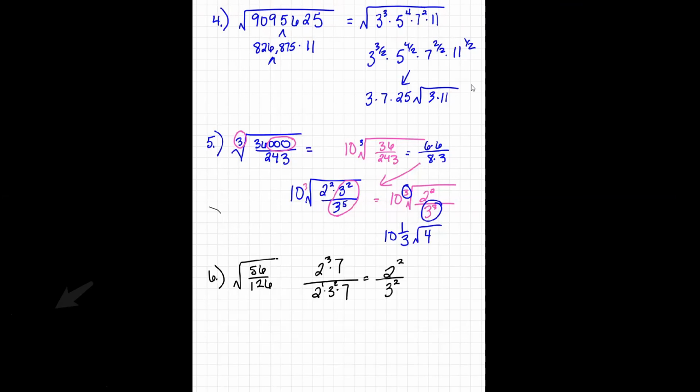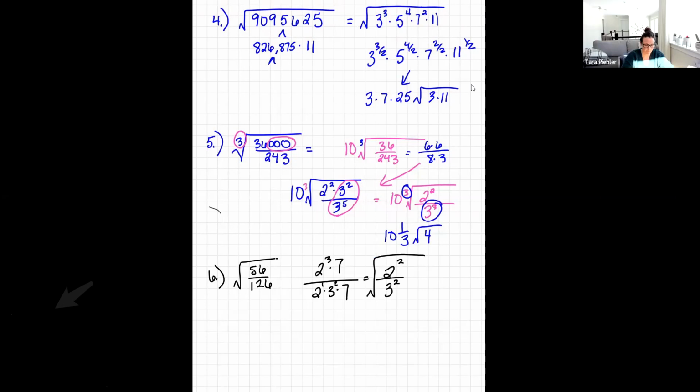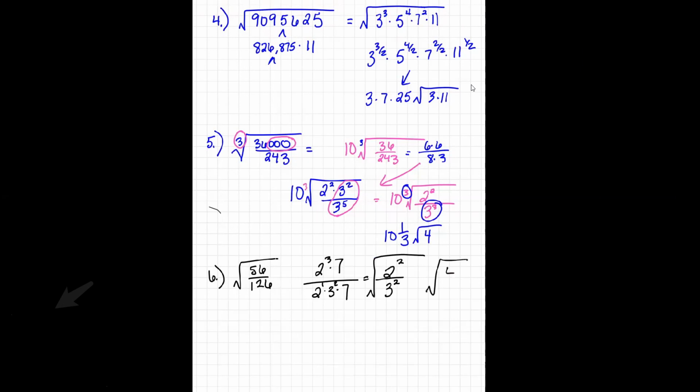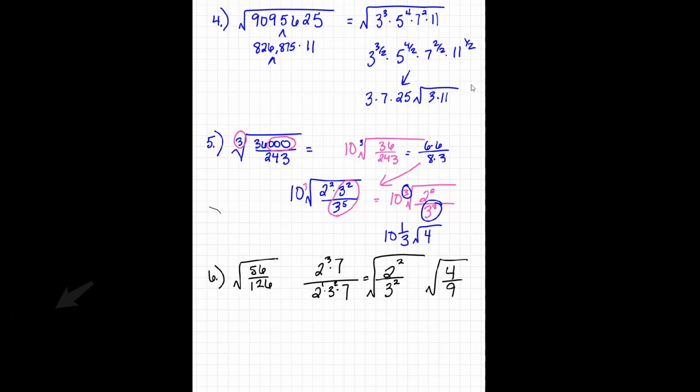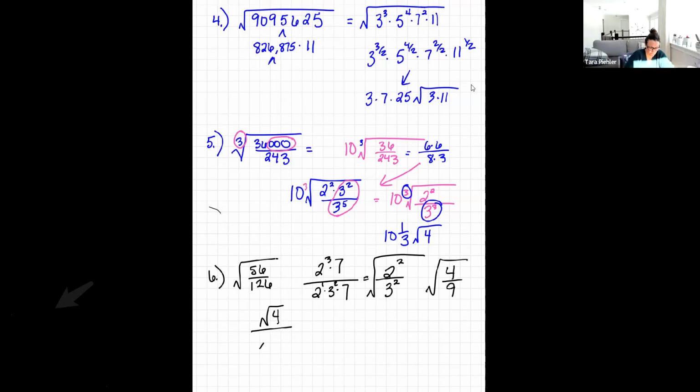Then you go back up and you have 4 over 9. Then you turn 4 over 9 into the square root of 4 over the square root of 9. Yep, 2 over 3.